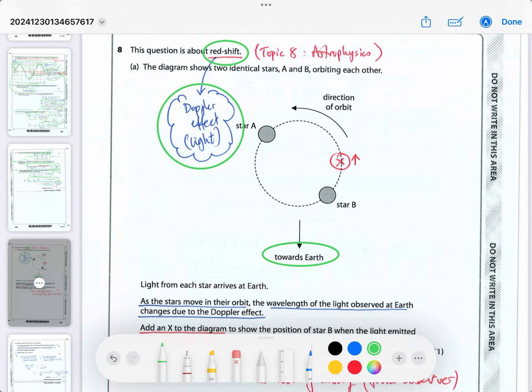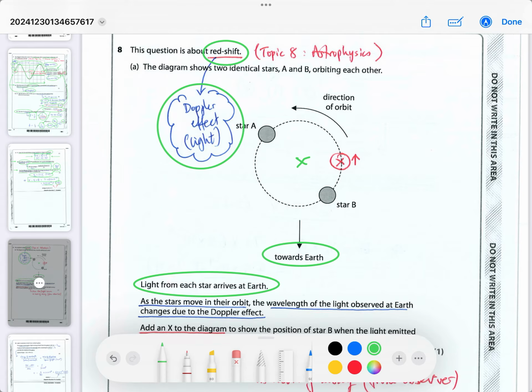It says light from each star arrives at Earth. Okay. So as the stars move in their orbit, they're kind of orbiting around the center here of the two masses. Okay, so they're kind of doing a dance in space.